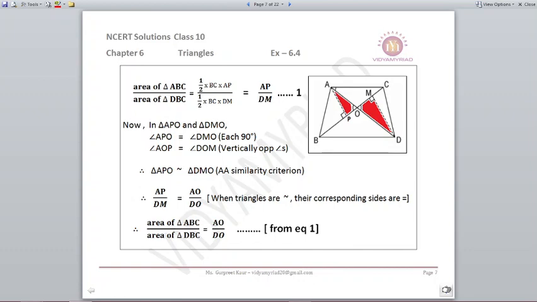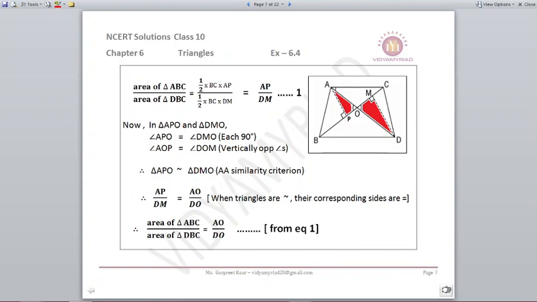We know that angle APO is equal to angle DMO, which is equal to 90 degrees, and angle AOP is equal to angle DOM, which are vertically opposite angles. So by AA criteria, both the triangles are similar, and when triangles are similar, we know their corresponding sides are proportional. So we can say that AP upon DM is equal to AO upon DO, which we want to prove.